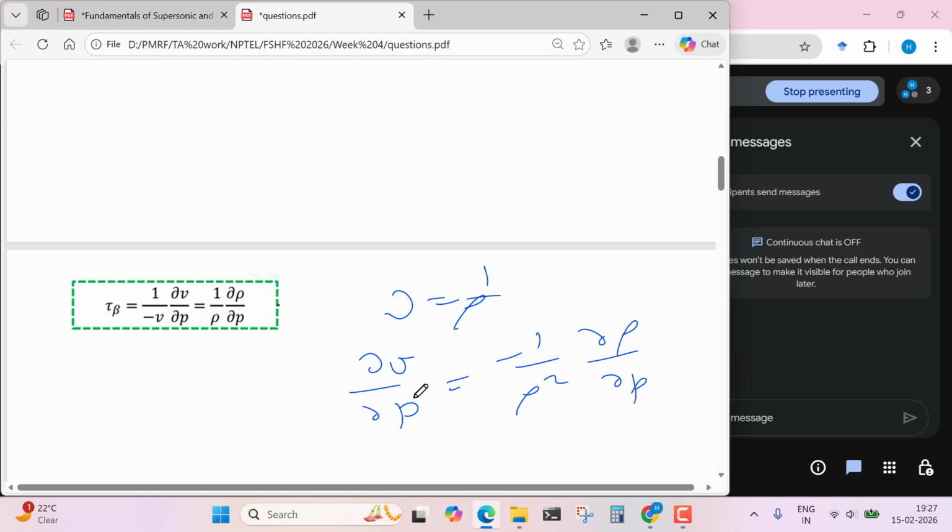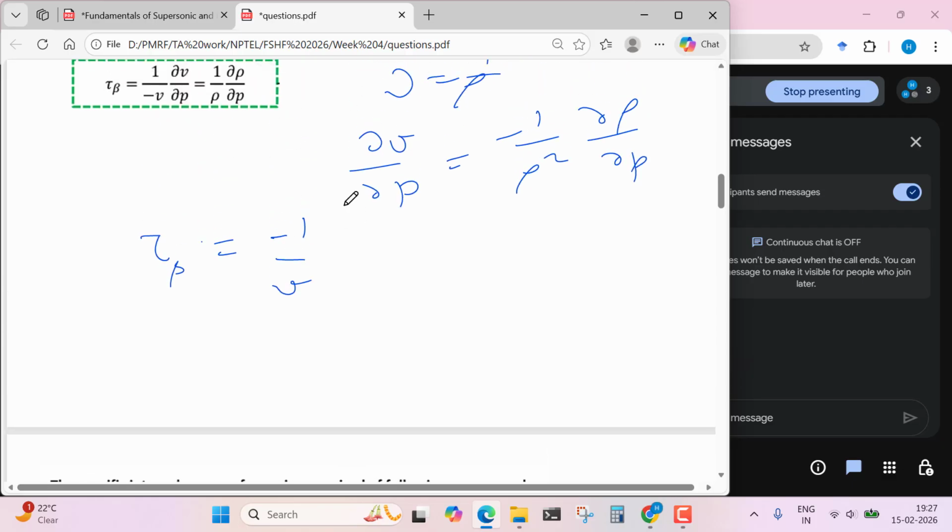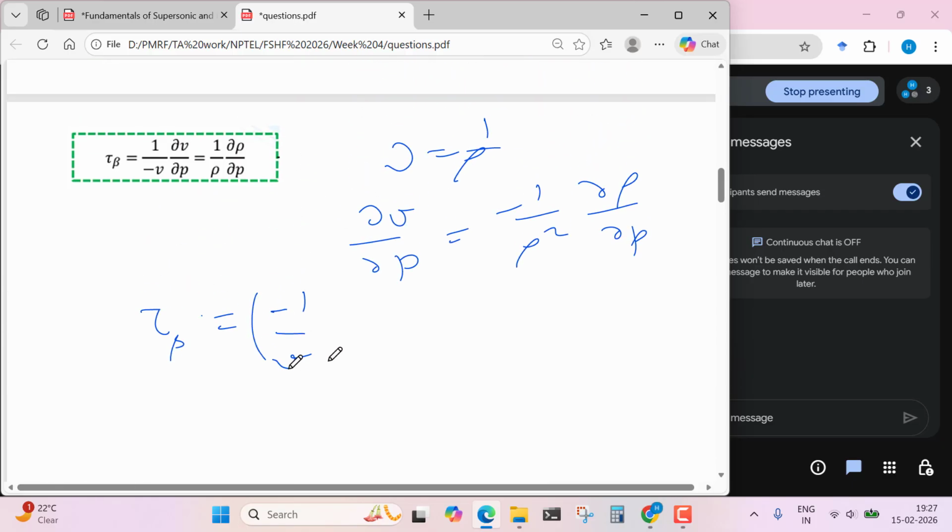If you substitute this here, you will get tau beta equal to minus 1 upon v into minus 1 upon rho square dou rho upon dou p, and rho into v is 1, so we will get 1 upon rho dou rho upon dou p.